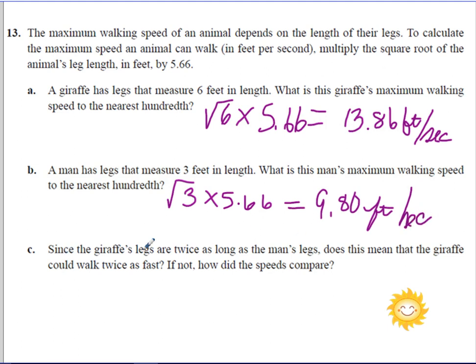It says, since the giraffe's legs are twice as long as a man's legs, does it mean a giraffe could walk twice as fast? If not, how did the speeds compare? Well, 9 times 2 is 18, so even ignoring the decimal places, we can see that it's not double. And so we would say no.